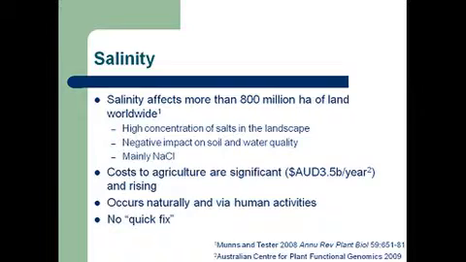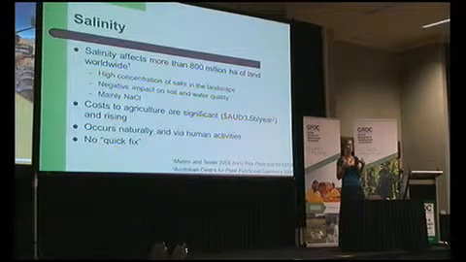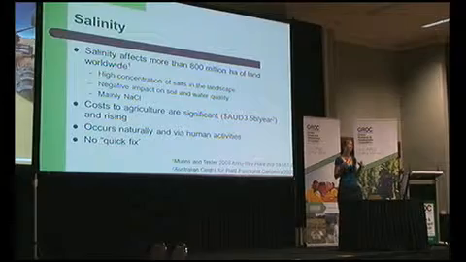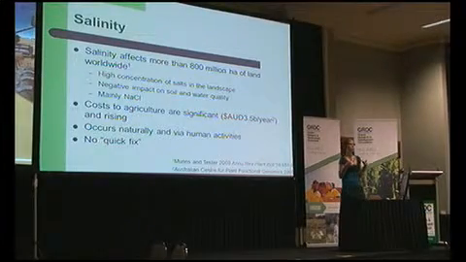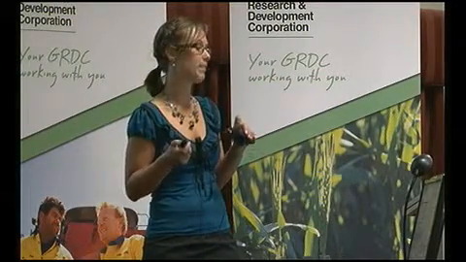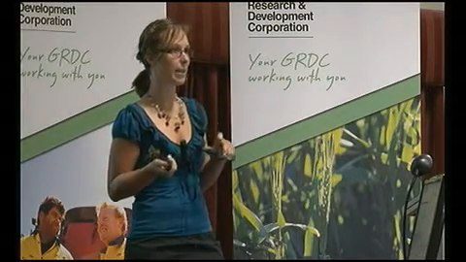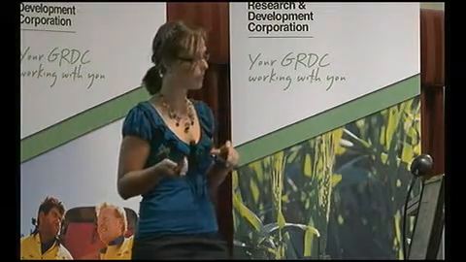The costs to agriculture are obviously significant, and that figure doesn't just reflect crop losses, but it also includes things like social and environmental impacts, changes to water quality and biodiversity, things like that. It does occur naturally over time, but it's exacerbated by specific human activities. And as we've come to accept over the last decade, there is no quick fix, unfortunately.